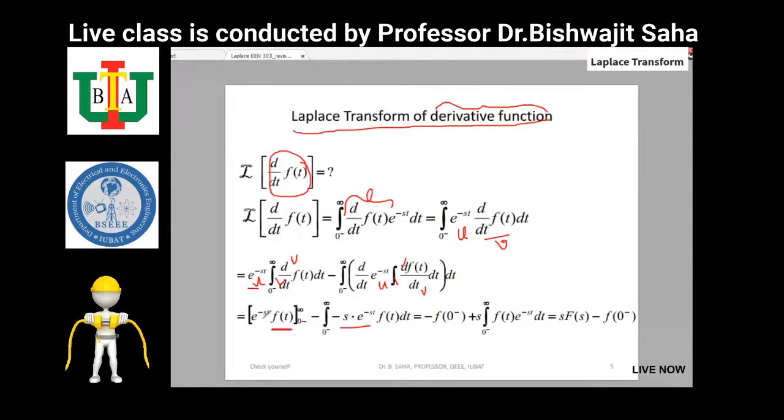So overall it becomes minus f of 0 minus. In the second term, minus minus becomes plus. Then s is taken out of the integration, and the integral from 0 minus to infinity of f of t e to the power minus st dt. What is this? This is f of s, isn't it?